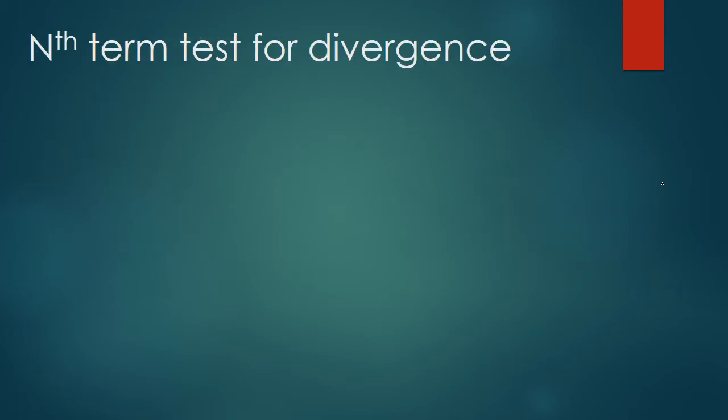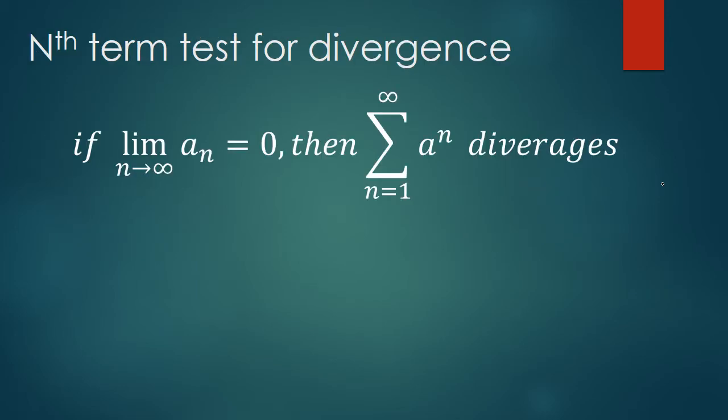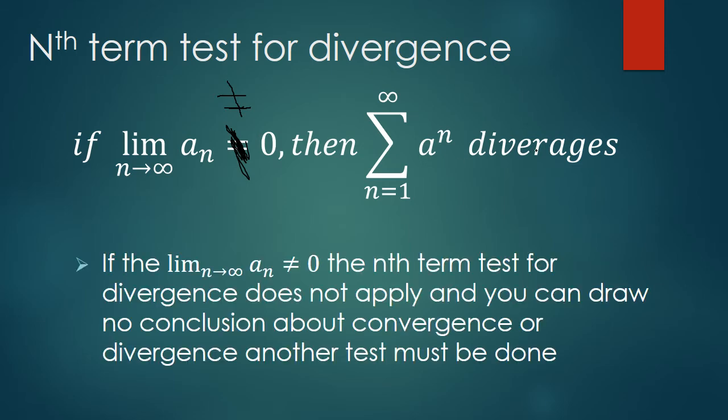Okay, the nth term test for divergence says that if the limit as n goes to infinity of my sequence does not equal 0, then A sub n diverges.